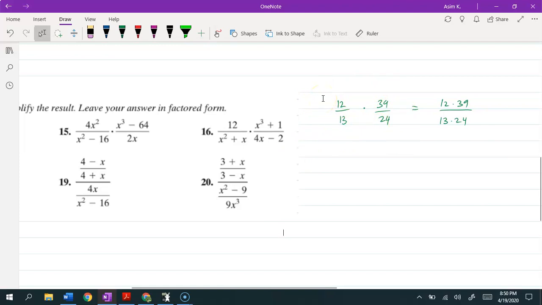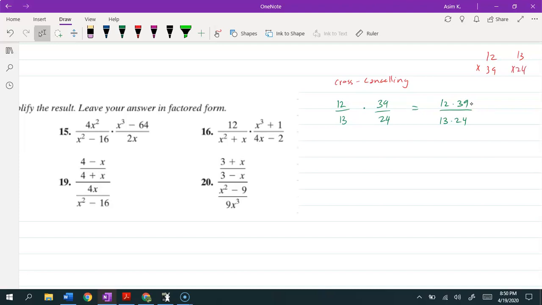But one thing that I will recommend is to learn the technique of cross canceling. All right, because many times we take away your calculator and you need to have a very quick and efficient way of going about this problem instead of sitting there and going, okay, now what was 12 times 39 and what was 13 times 24?